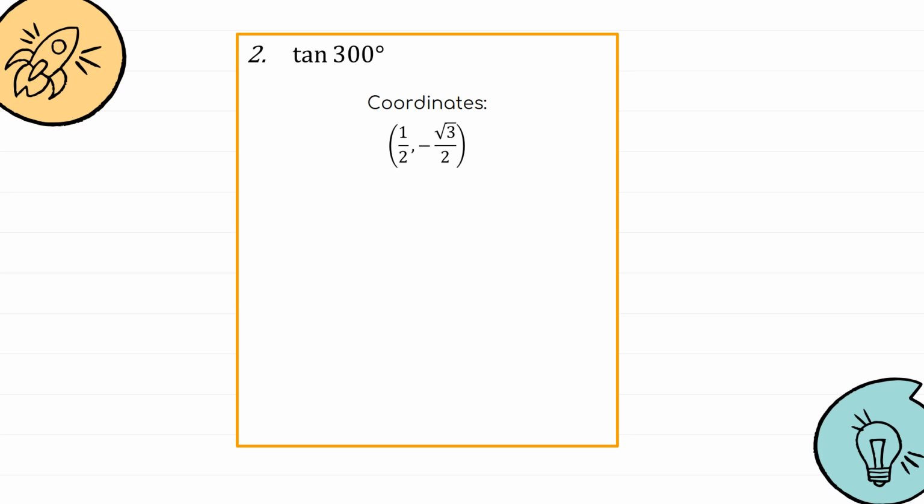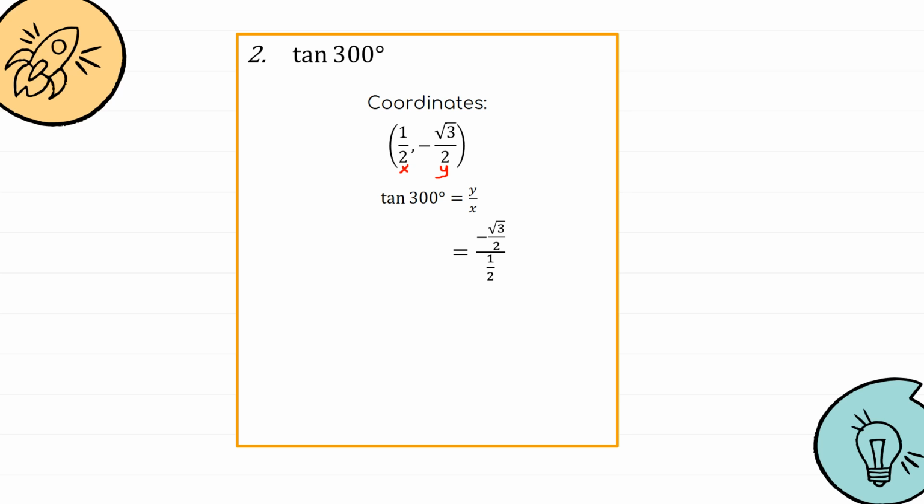So based on the definition of the trigonometric ratios, tangent theta is simply equal to y over x. And you have your coordinates, let's label them x and y. And we simply substitute the values in our definition. So you end up with negative square root of 3 over 2, over 1/2.